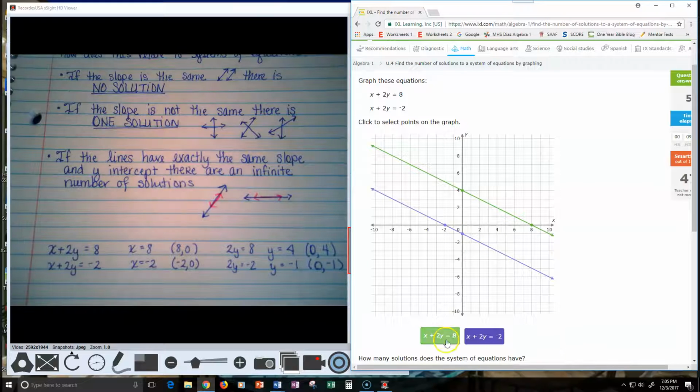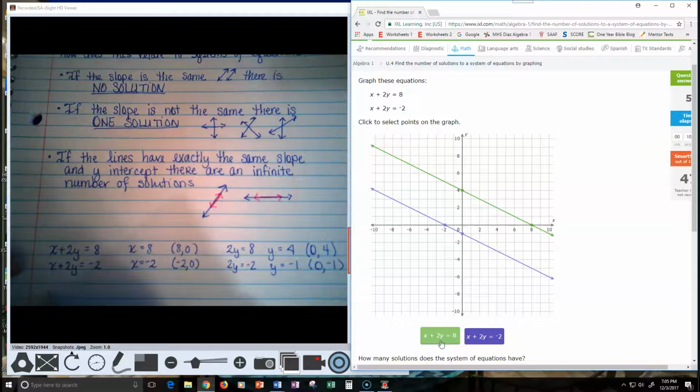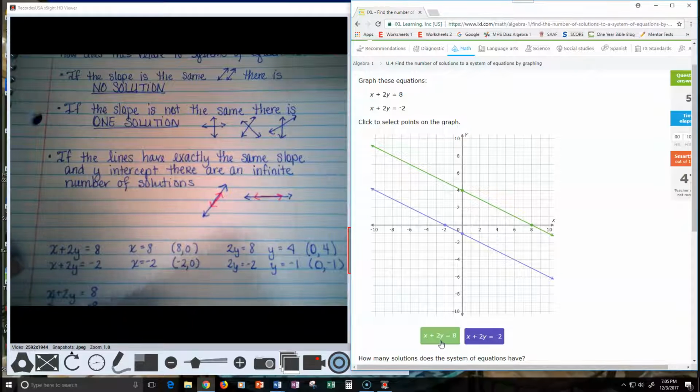Now, if you noticed, if you wanted to change this into slope-intercept form, you could have done that as well. And you really didn't even have to finish the rest of it. You could have said x plus 2y is equal to 8. Subtract x from both sides of the equation. And we're left with 2y is equal to -x plus 8.